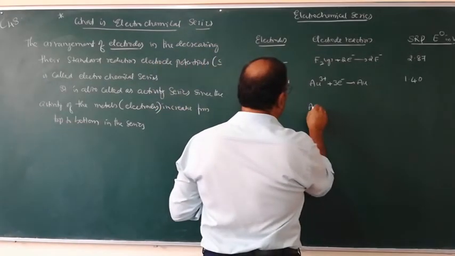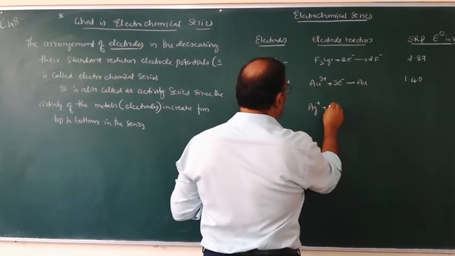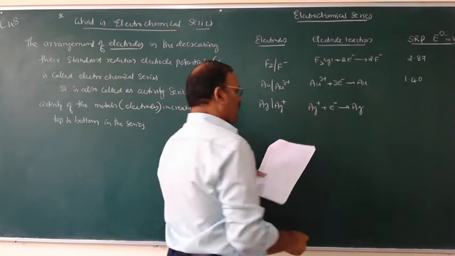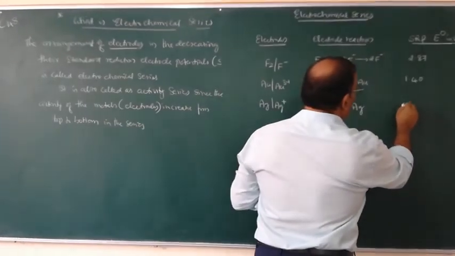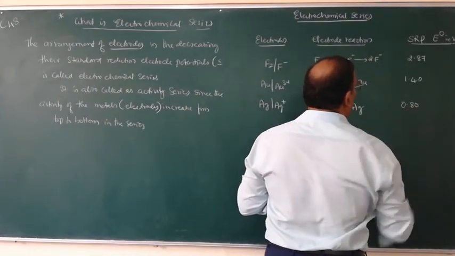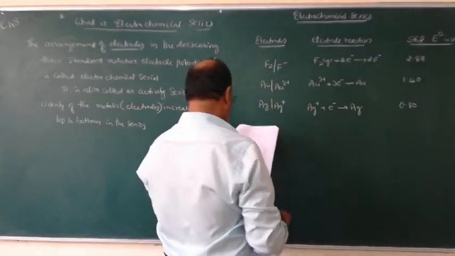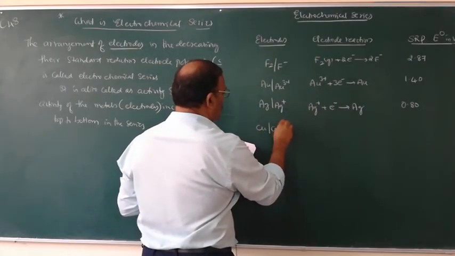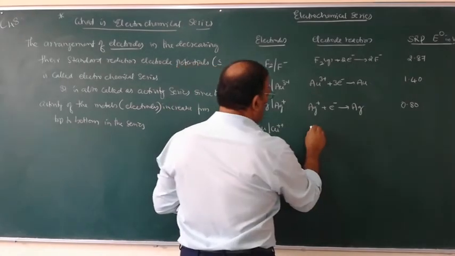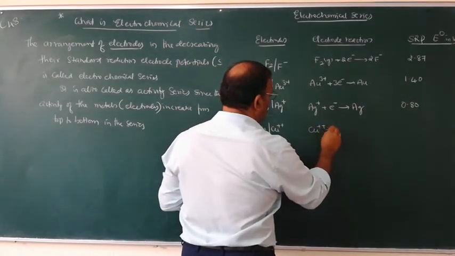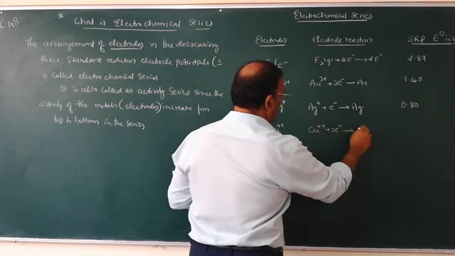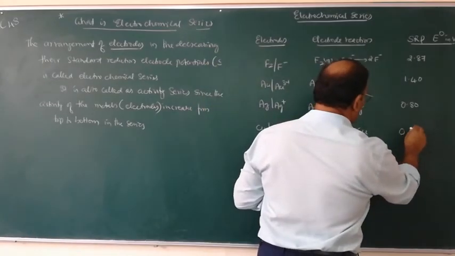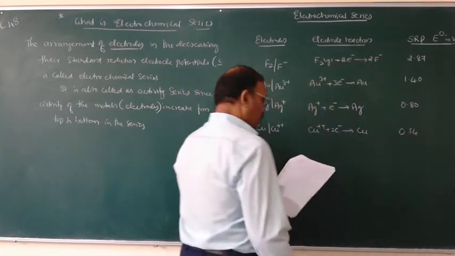Ag plus plus electron gives Ag, 0.80 volts. And then Cu bar Cu2 plus: Cu2 plus plus 2 electrons gives Cu, 0.34 volts.